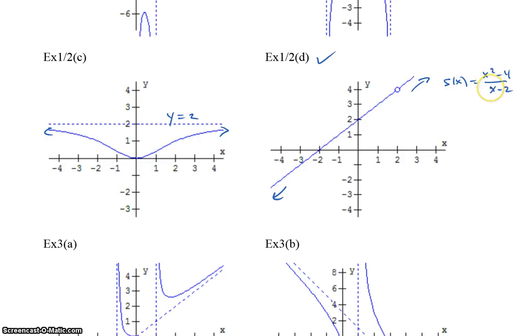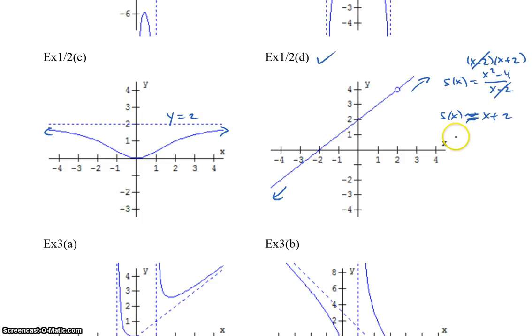And what we saw is that by factoring the numerator and canceling the x minus 2's when x is not equal to 2, s of x is, well, I shouldn't even say approximately, it's exactly x plus 2 in this case, as long as x is not equal to 2.